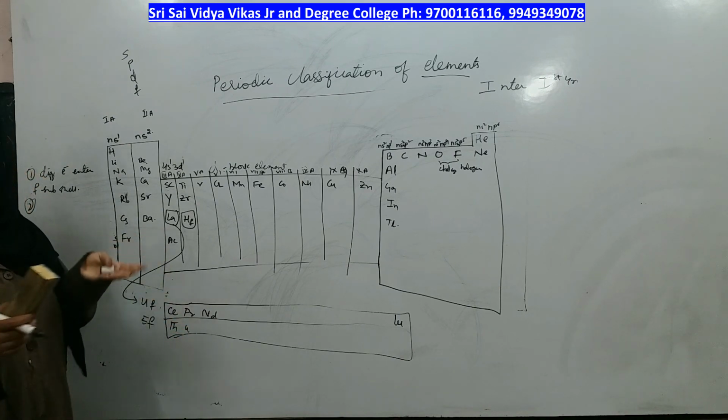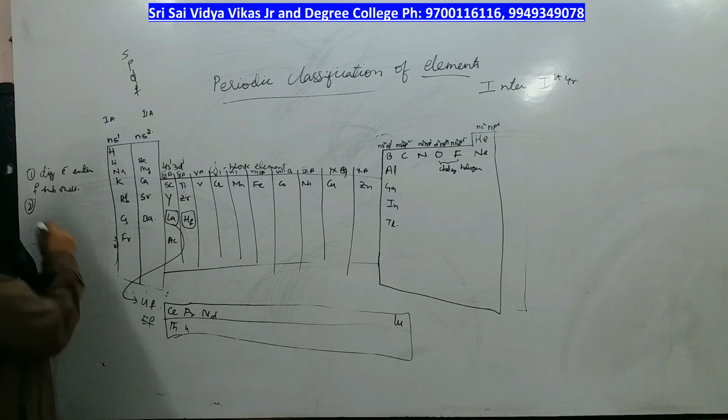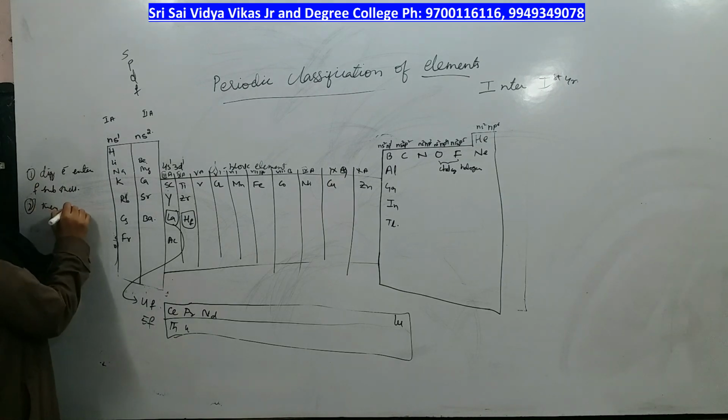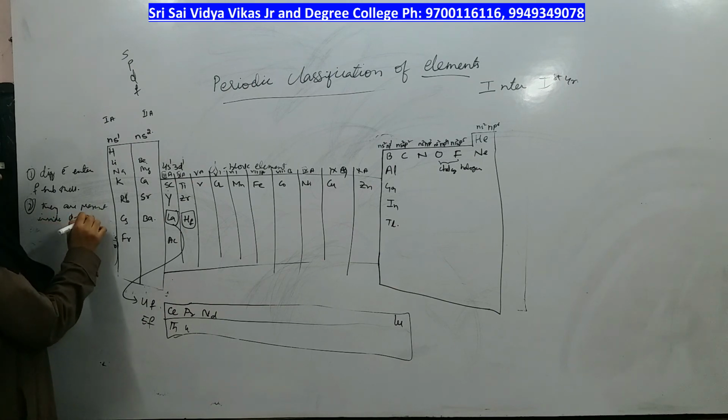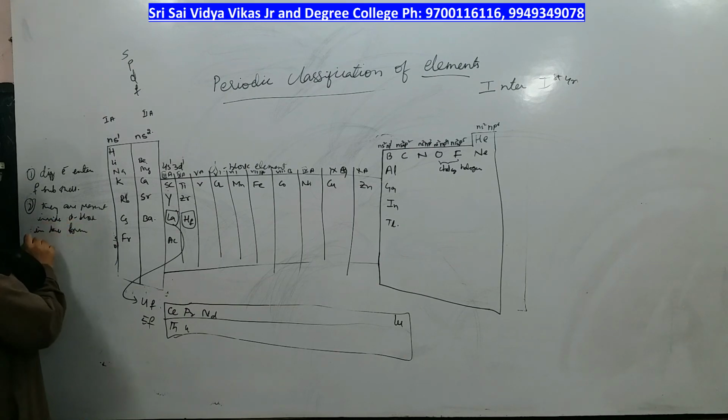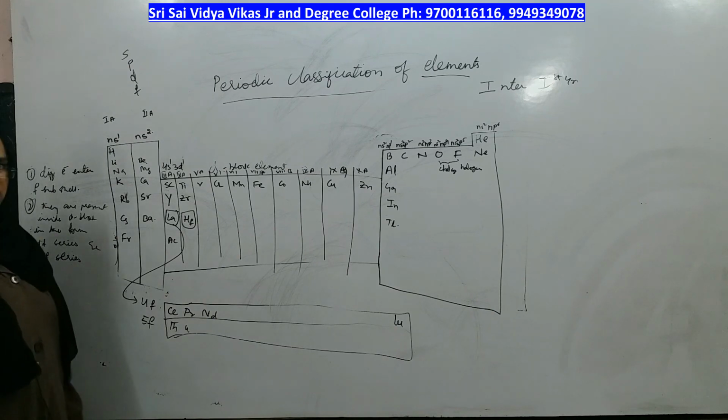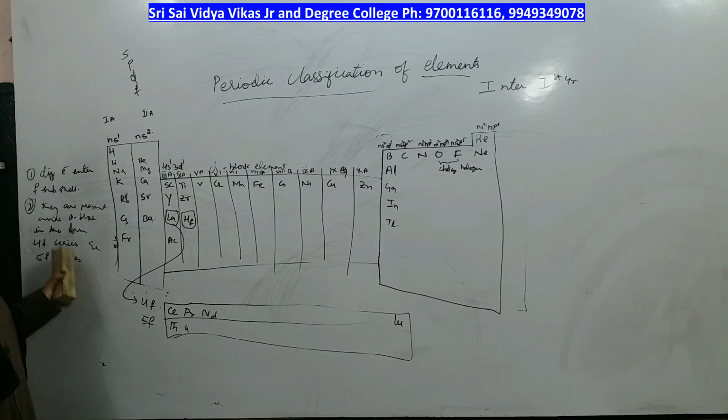They are present inside the D block itself, right? So, what you should write? They are present inside D block in the form of 4F series and 5F series. Therefore, they are called inner transition elements.